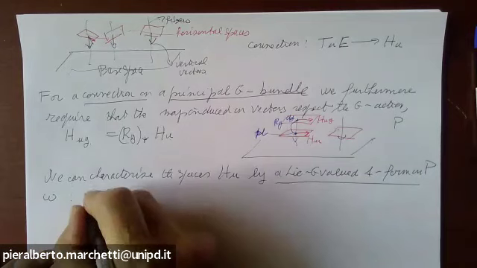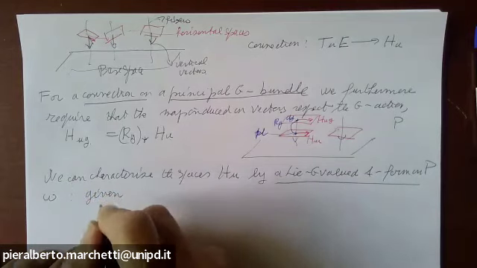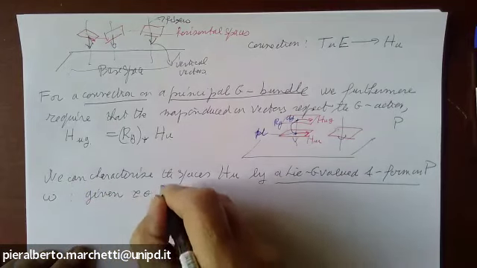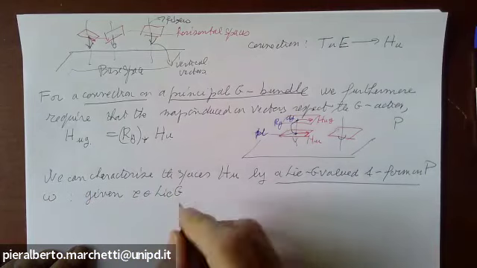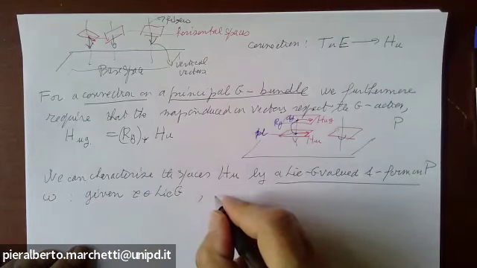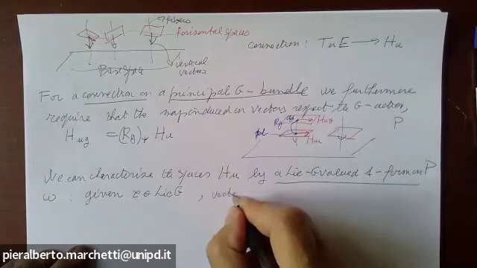How is it defined? Given an element tau which belongs to the Lie algebra of G, remember that vectors are related to curves.